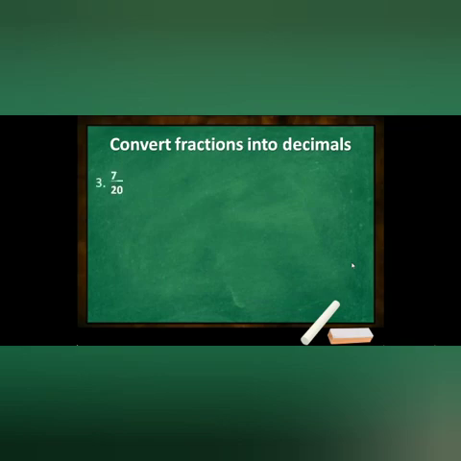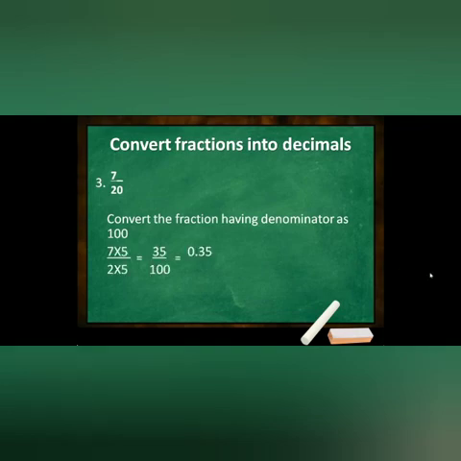Now here 7 upon 20. Now you have to make the denominator 100. So with what number will you multiply? 7 upon 20, the fraction you will multiply with 5. So 7 5s are 35, 20 5s are 100.